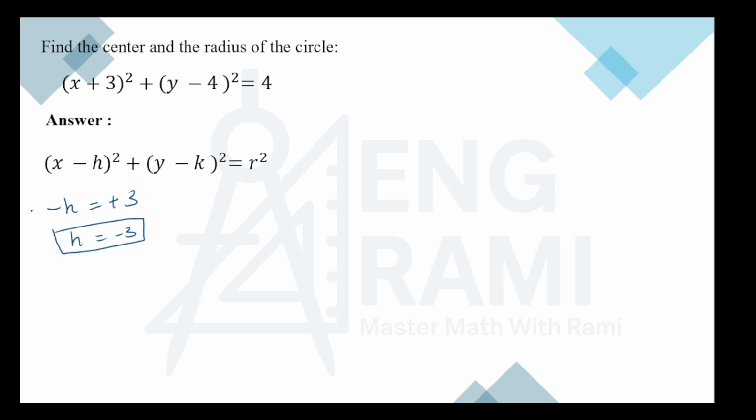You can multiply by minus 1, then you will get the result. Minus k equals minus 4. Then this will cancel this, and k equals 4.